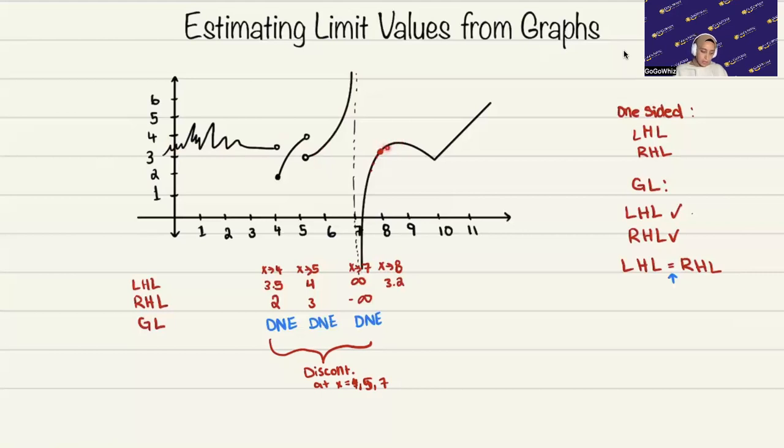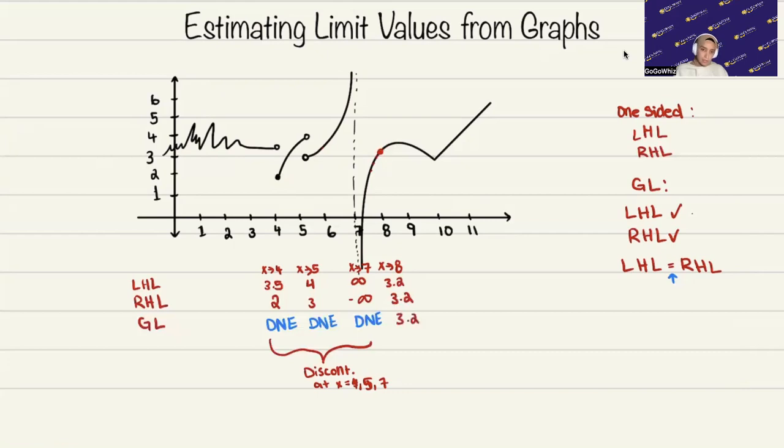So from the right hand, it's exactly 3.2 as well. So do you see how the left-hand limit and the right-hand limit are exactly the same? That's why we say that, because they're exactly the same, our general limit is then going to be that same value, 3.2.